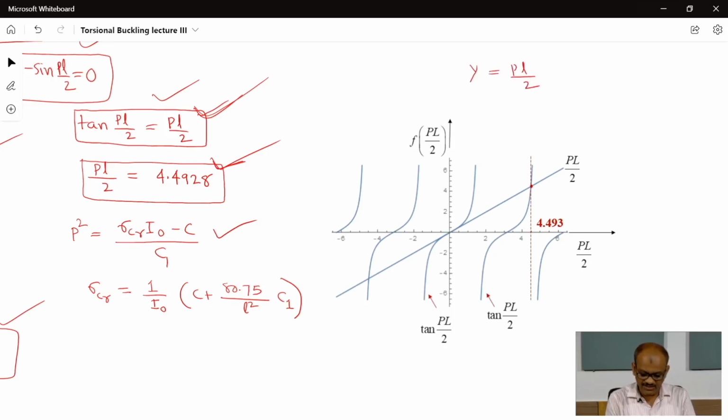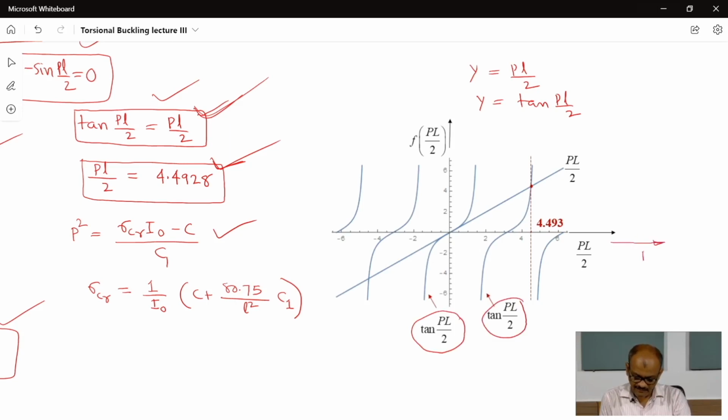This is one equation, and another equation is y is equal to tan pL by 2. These curves are tan pL by 2 and this is pL by 2. And here you can write this is pL.